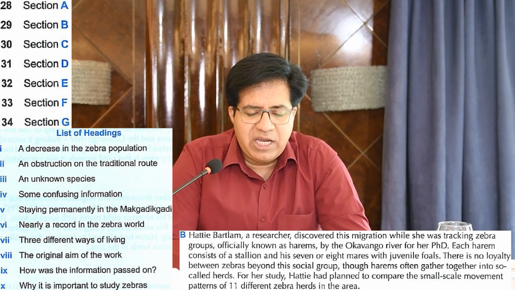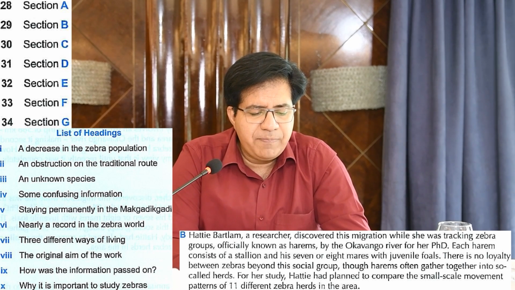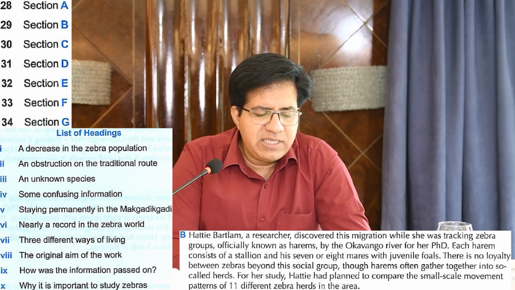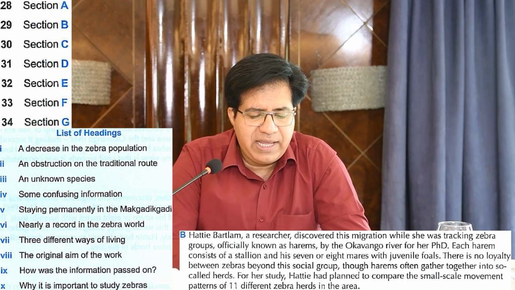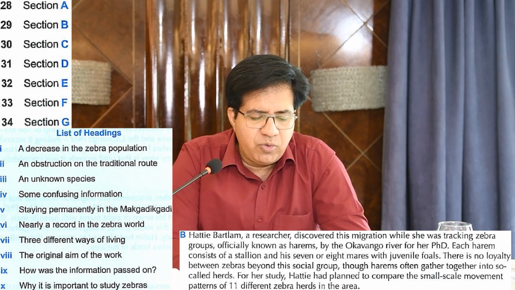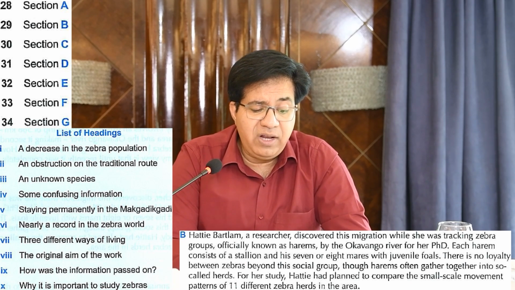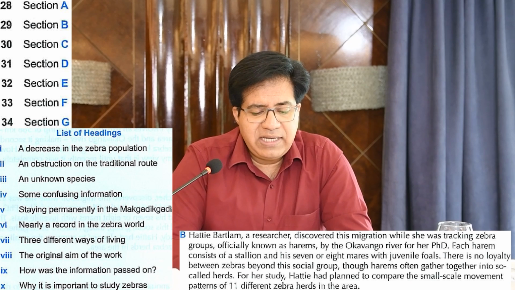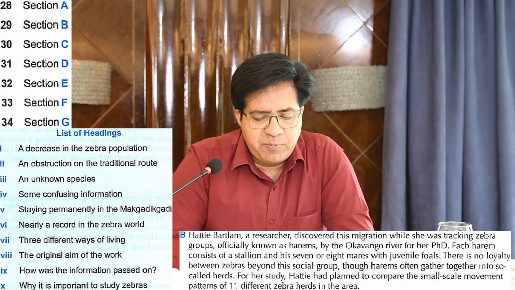So she was doing it for her PhD. Each harem, I'm reading on. Each harem consists of a stallion and his 7 or 8 mares with juvenile foals. There is no loyalty between zebras beyond this social group, though harems often get together into so-called herds for her study. Hattie had planned to complete the small-scale movement.